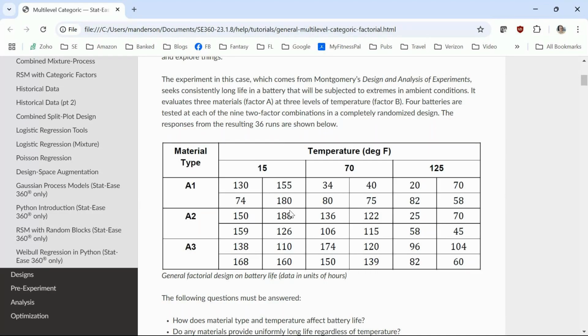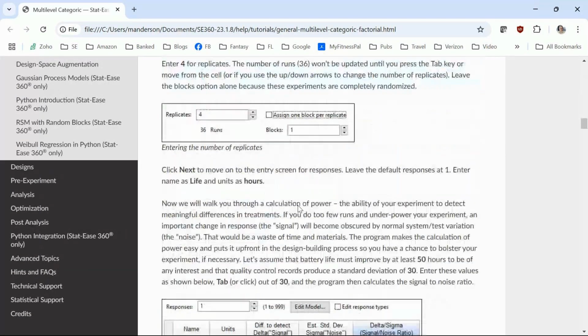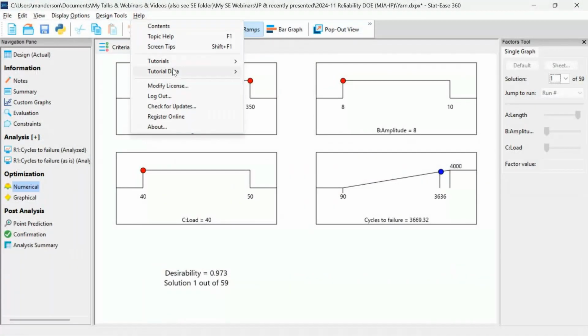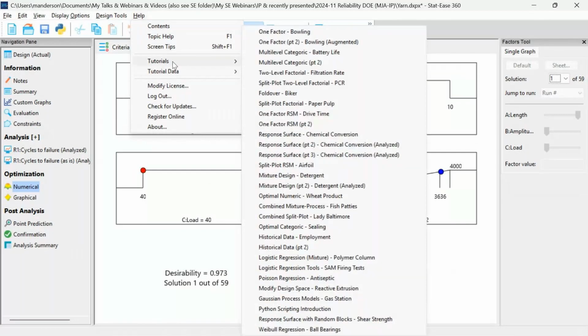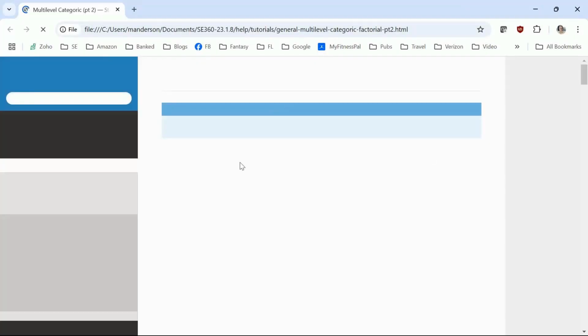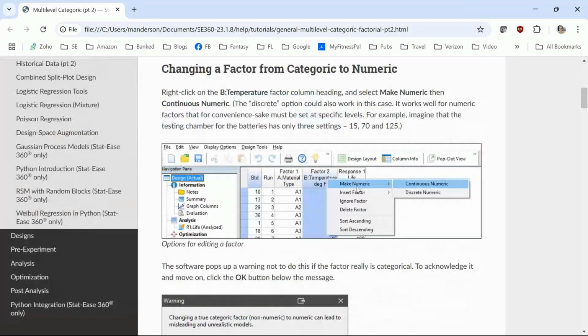All right, and so in the tutorial, you work through the process of how to set this up and where that would be in our software, right? And then there's actually a part two, which is interesting because in part two, it shows how you can take temperature, which was treated categorically to begin with, and using our tool, Design Expert or Stat-Ease 360, you can make it numeric, and then you can apply a polynomial model, which is much more sophisticated.